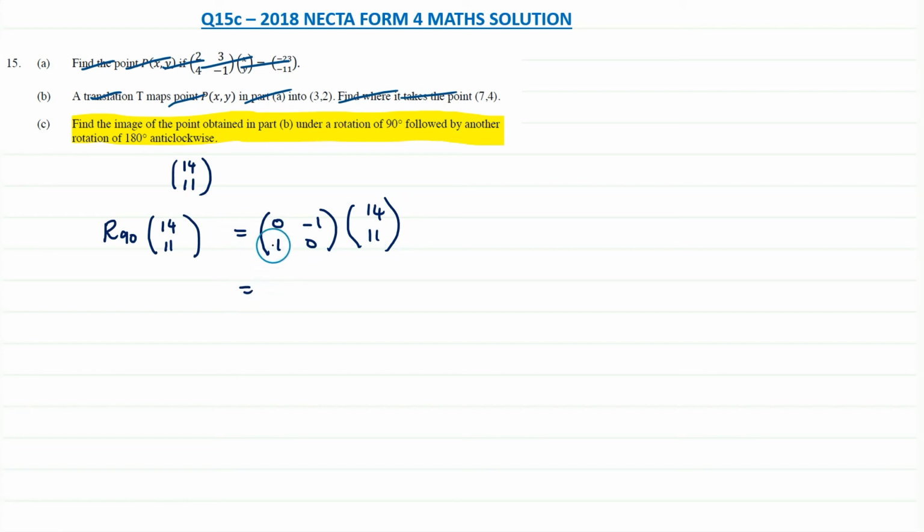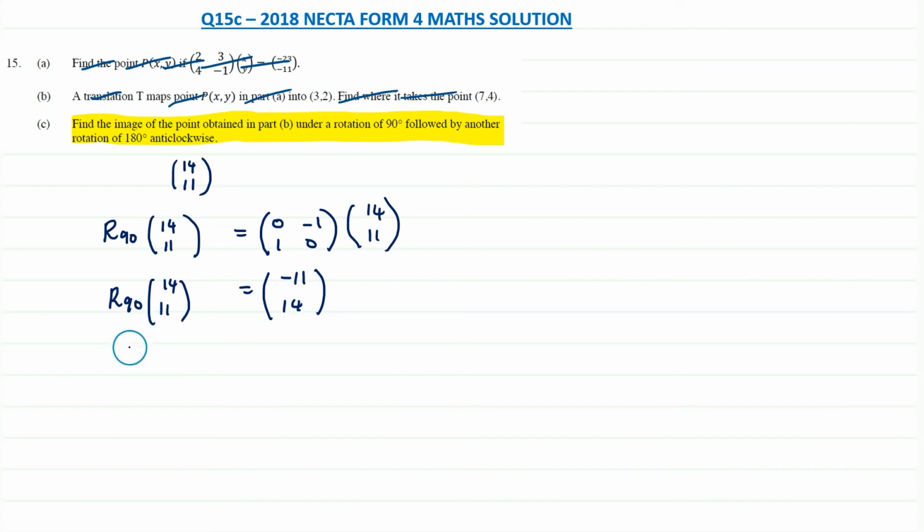If you multiply this out, 0 times 14, and I'm going to speed this up, is 0, plus -1 times 11 is -11. So that will be -11 here. Then 1 times 14 is 14, add 0 times 11 is 0, so that's just going to be 14. So when this point is rotated by 90 degrees anti-clockwise, you will end up with (-11, 14).